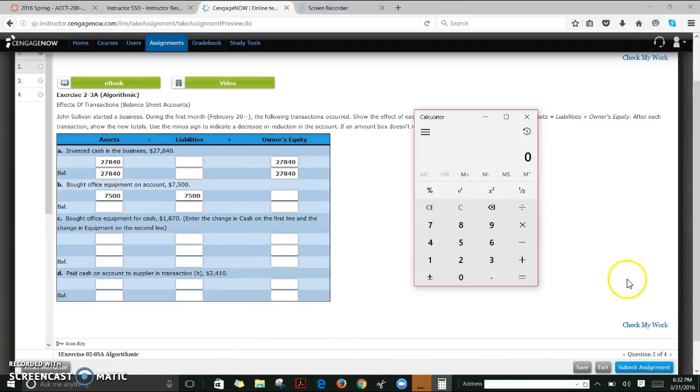So I'm going to take out my calculator, and on the first one, my balance for assets would be 27,840 plus 7,500, and that equals 35,340.